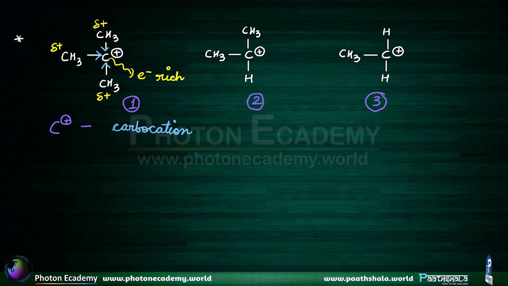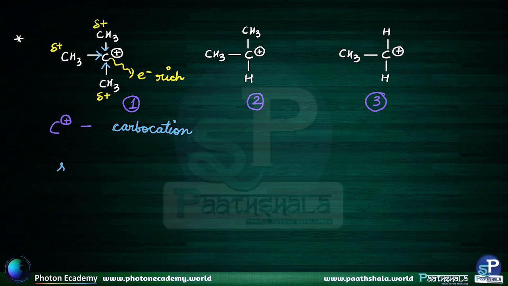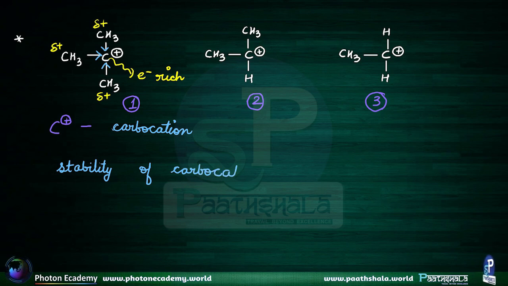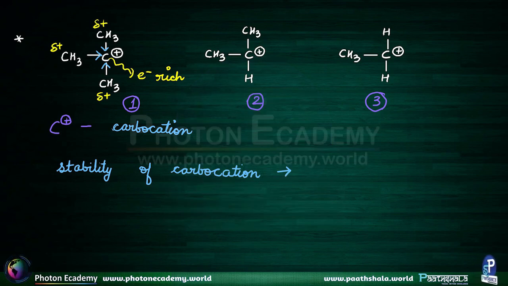And if we compare the stability of carbocation, which can be easily deduced by the plus I effect of the methyl group present, we can say that 1 is greater than 2 is greater than 3.